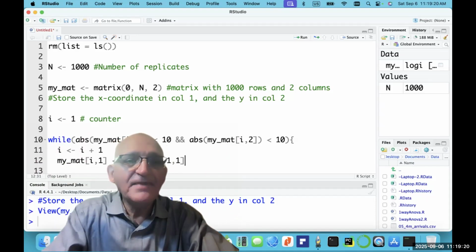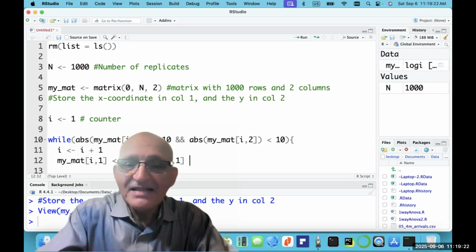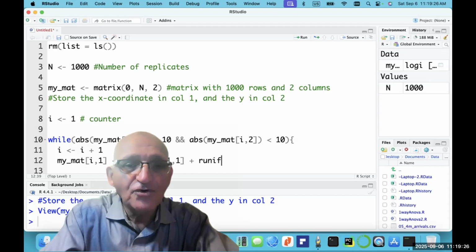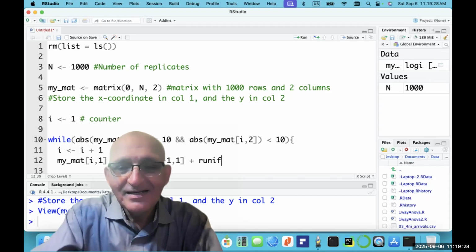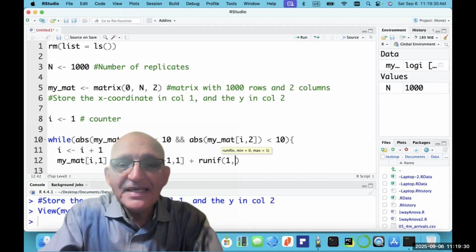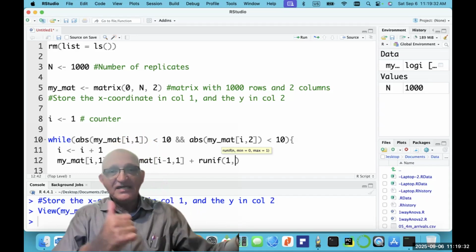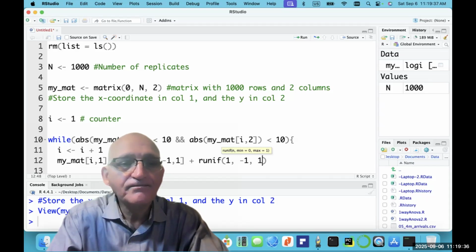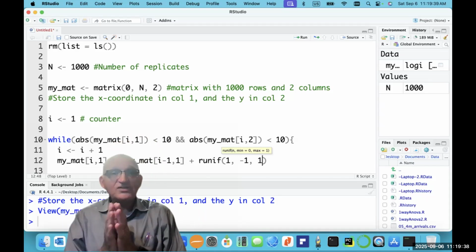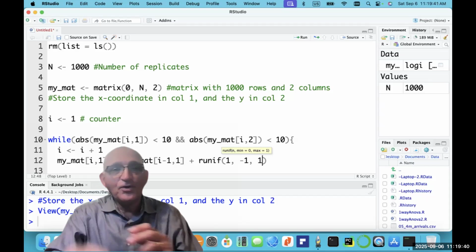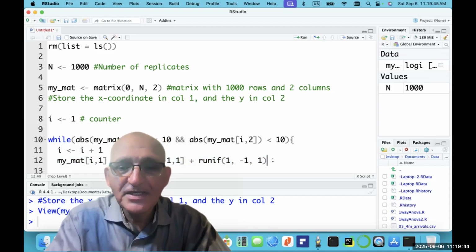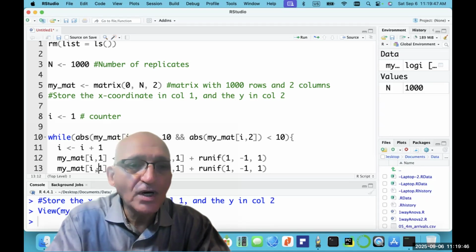Okay? So my mat, the previous, and then add to that a random uniform, runif, just 1 point, but make it so it can move in any direction. So make that -1 to 1. Okay, so now it's going to give me an X component, and also I want it to give me a Y component. So I'm going to copy that and paste it, change the 1 into 2.